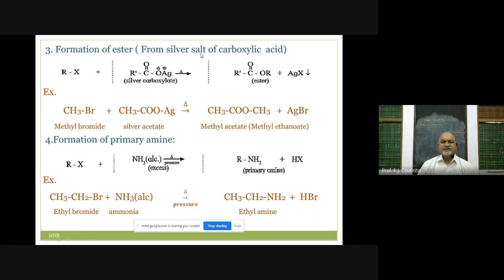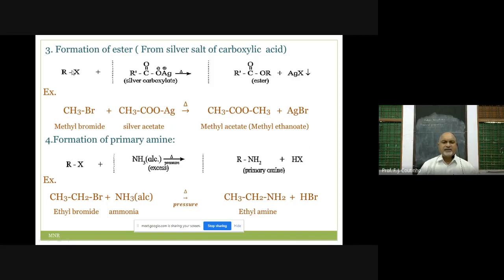When we say silver salt of carboxylic acid, this is R, C double bond O, OH. The carboxylic acid general formula is RCOOH. So one of the hydrogens has been substituted by silver, and that's why we call it silver salt of a carboxylic acid. Now here it is an alkyl halide.